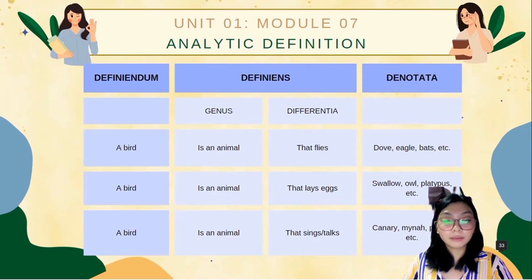Both the differentia that flies and lays eggs do not discriminate fully between the birds and the rest of the animal kingdom.